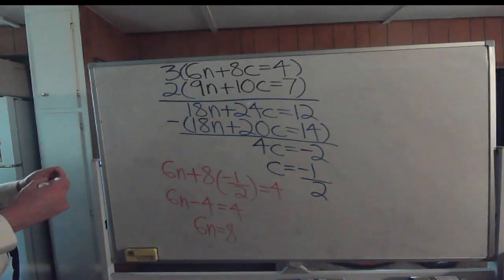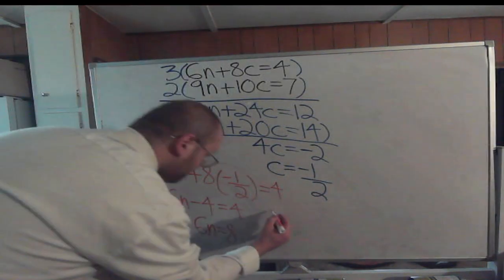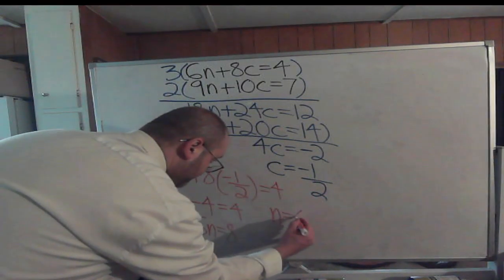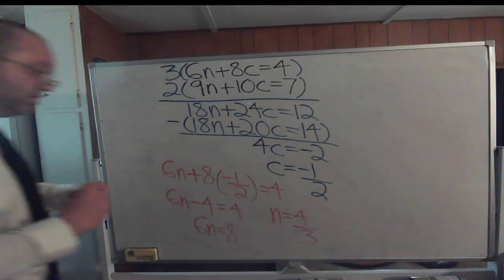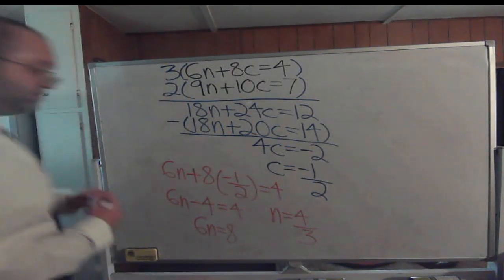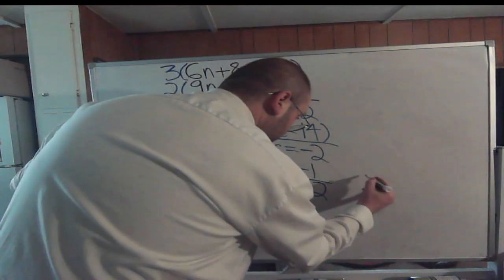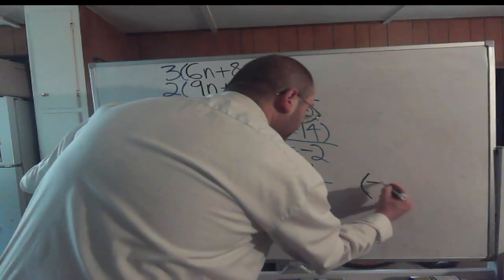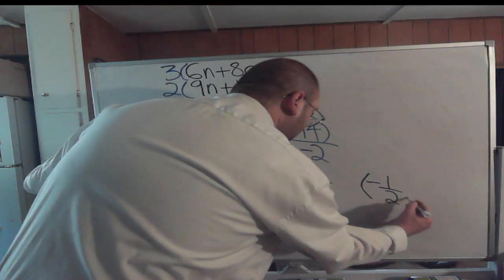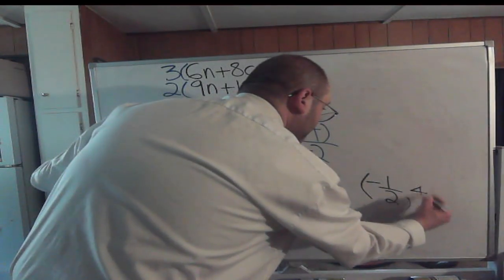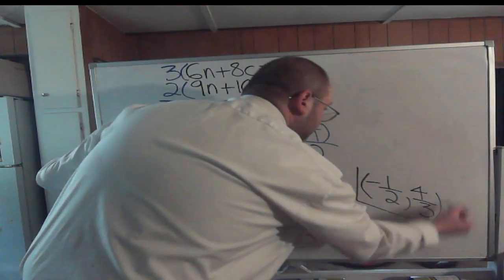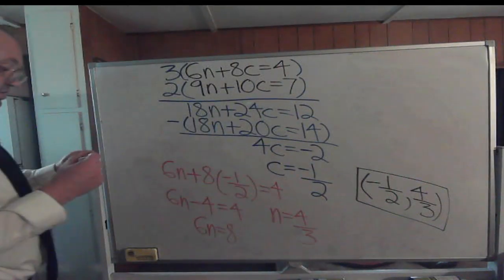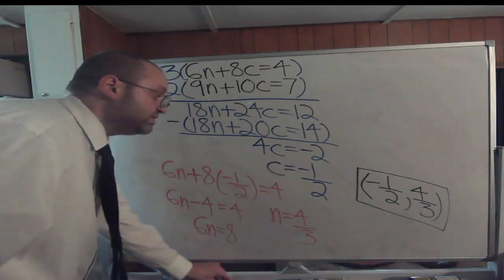Well, n would equal 8 divided by 6, or simply 4/3. So the n coordinate of the solution is going to be 4/3. So going in alphabetical order, list your c coordinate first. You'll have the ordered pair negative 1/2, 4/3. So negative 1/2, 4/3 is the ordered pair that is your solution to this system of equations.